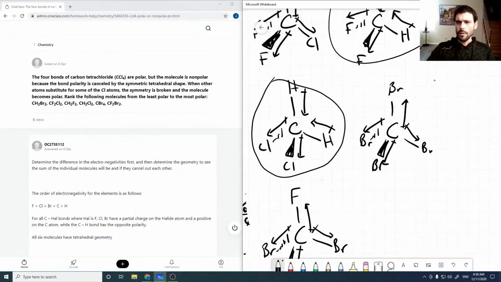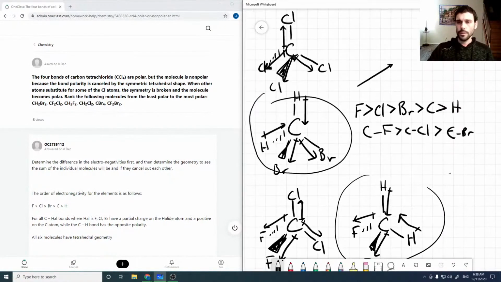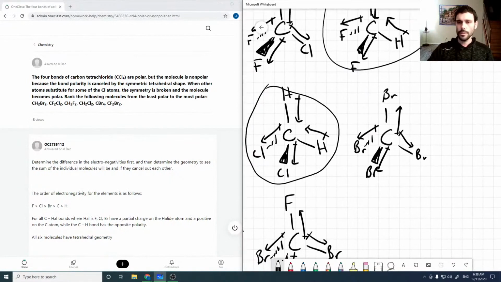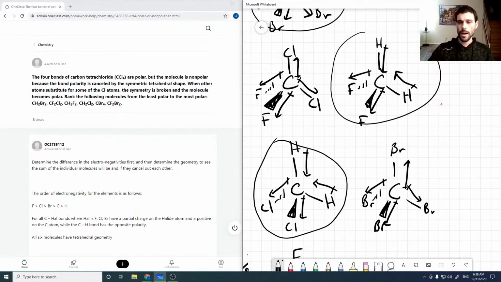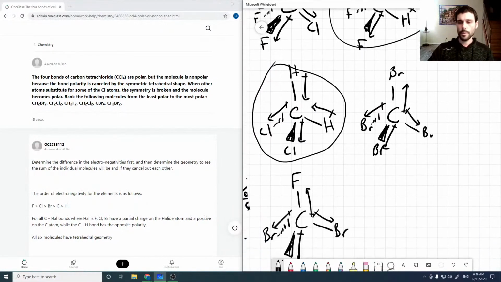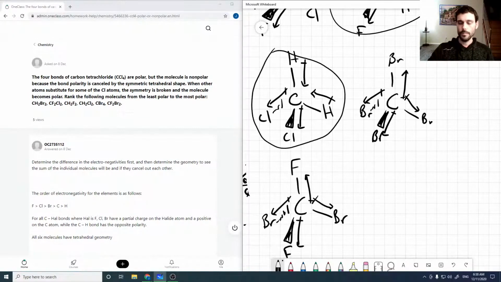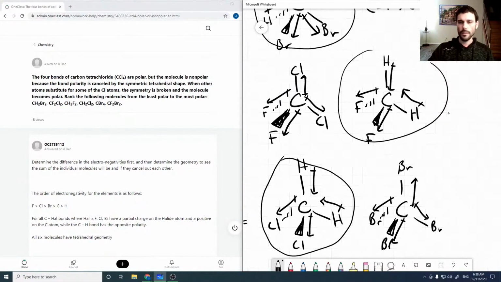Okay, so now we're left with three molecules, these three here. Now they both contain fluorine and another halogen. If we look at the directions, these are canceling, right? So we've got some cancellation. The carbon-chlorine dipole is higher than the carbon-bromine.